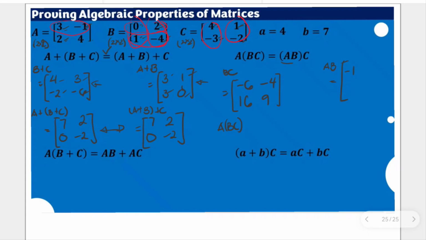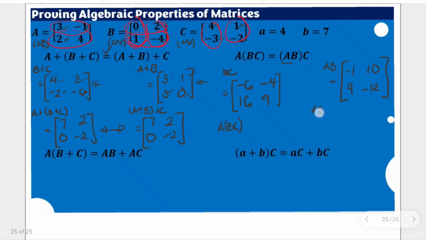Negative 1 times negative 4 is positive 4. 6 plus 4 is 10. Next, the second row to this column. 2 times 0 is 0. 4 times 1 is 4. So you have here 4. Then 2 times 2 is 4. 4 times negative 4 is negative 16. I have 4, I have negative 16, so negative 12 remaining.